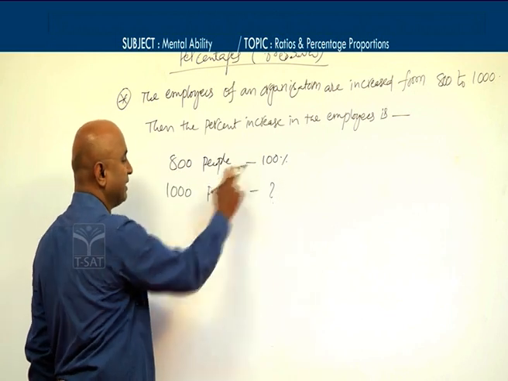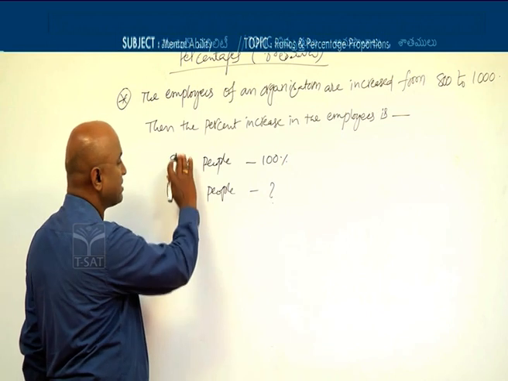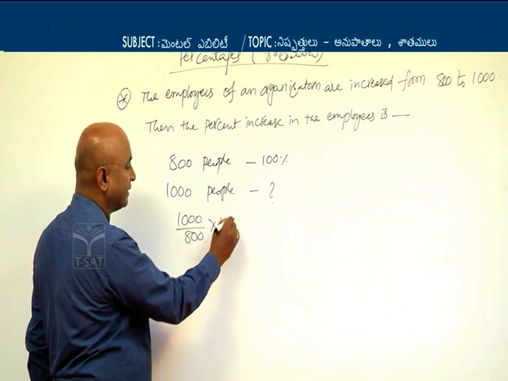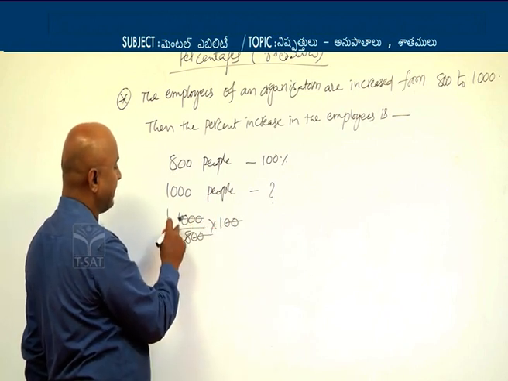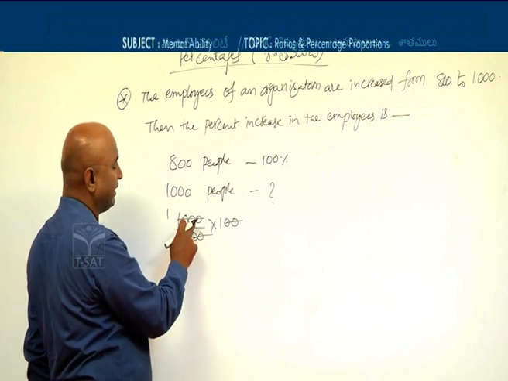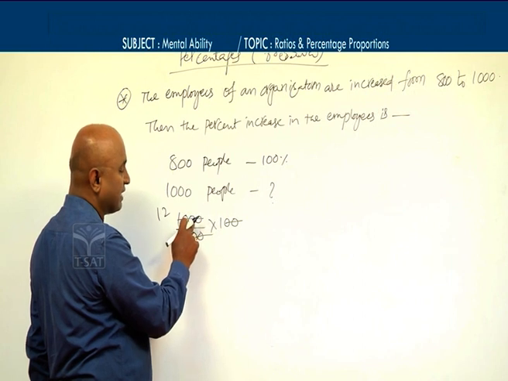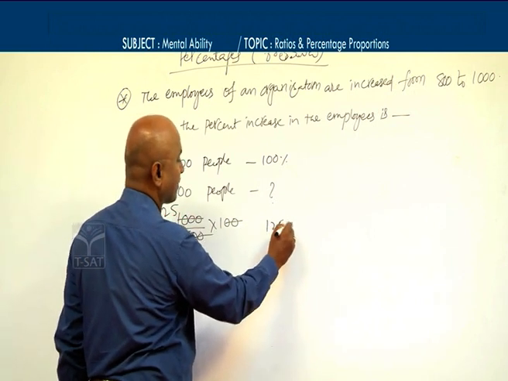800 people is 100%, then 1000 people is how much percentage? So 1000 by 800 into 100. 2 zeros, 2 zeros. 8 ones are 8, 2 0, 20. 8 twos are 16. 4 is there, 4.0, 40, 125%.